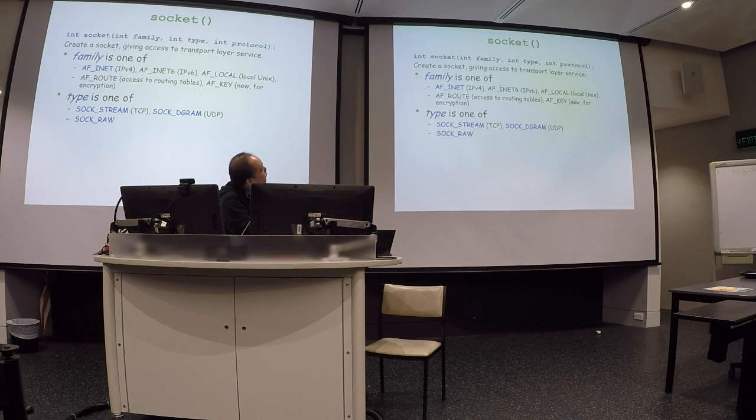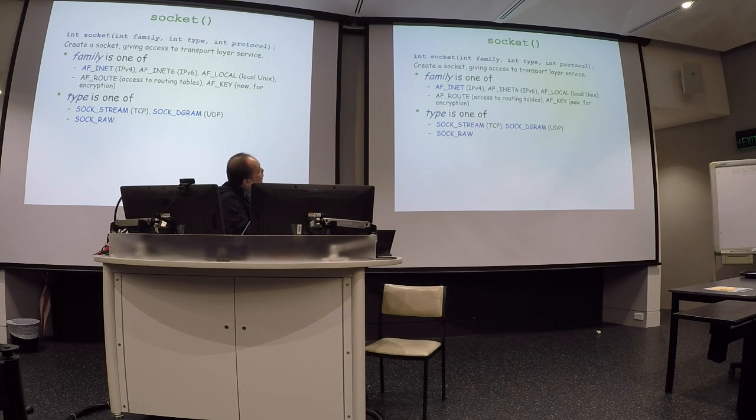Again, if the address family is the internet address family, and if the type for the socket is a datagram socket, then by default you are using UDP for communication. So you can see you don't need to specify which protocol you use. If it is byte-oriented, then it is TCP. If it is message-oriented, then it is UDP.